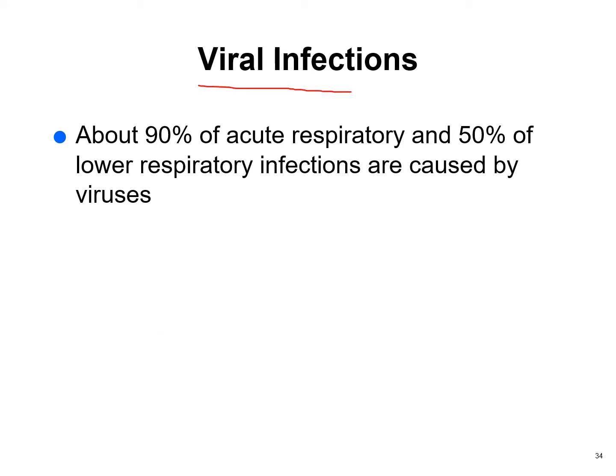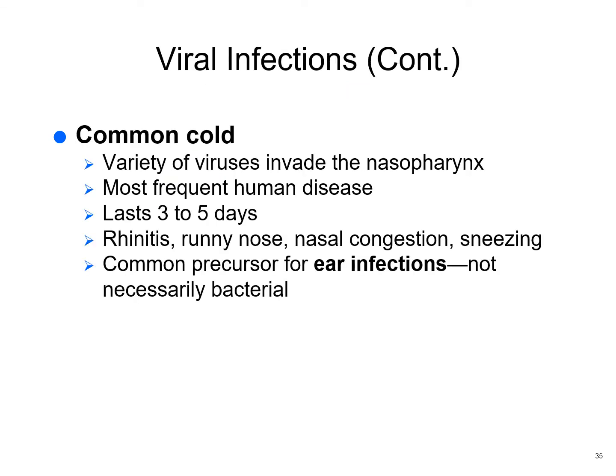Now, viral infection. 90% of respiratory infections are viral, and 50% of the lower respiratory infections start out at least as viral. There are many, many types of common colds, varieties that invade the nasopharynx, nose and throat.